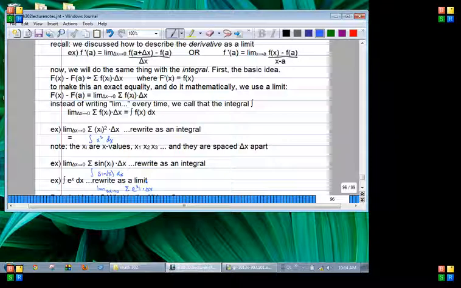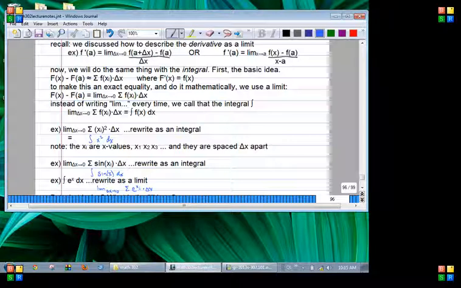Exactly. Okay. So just doing that one step, it's almost just a notational step.